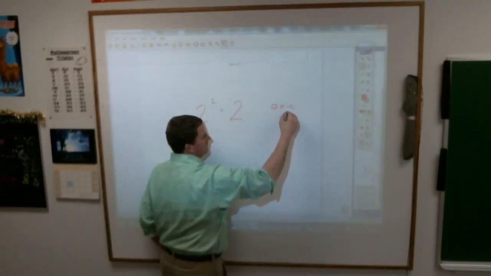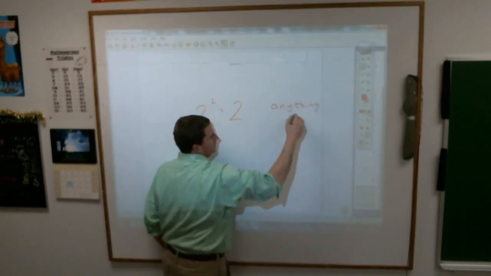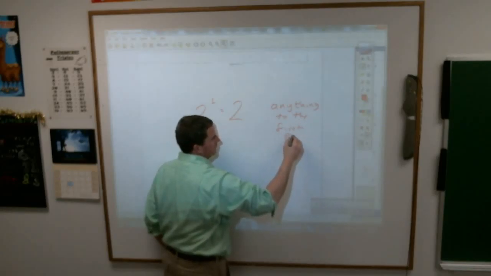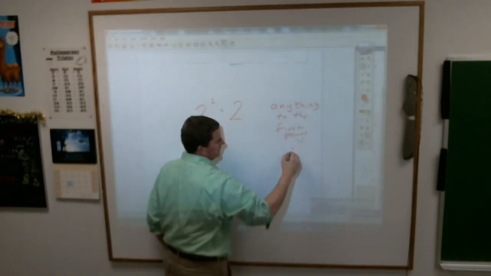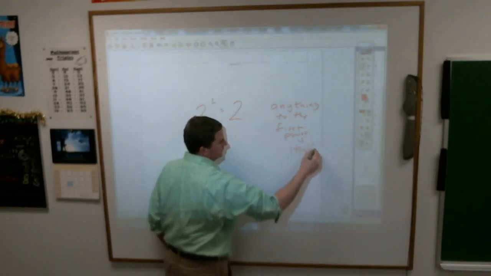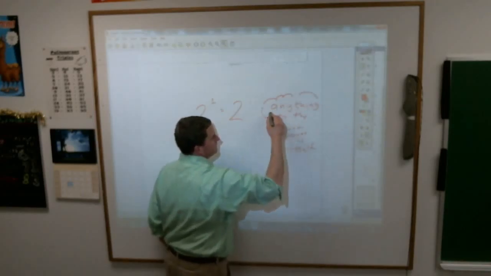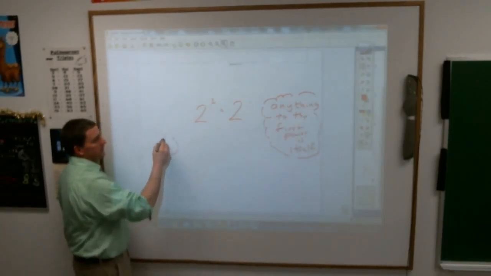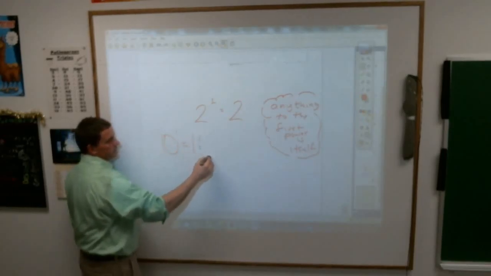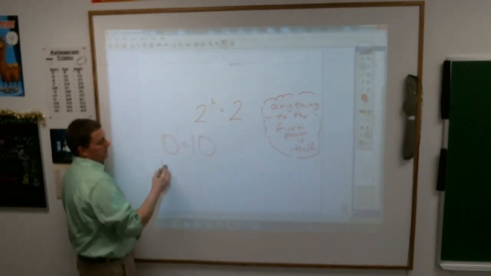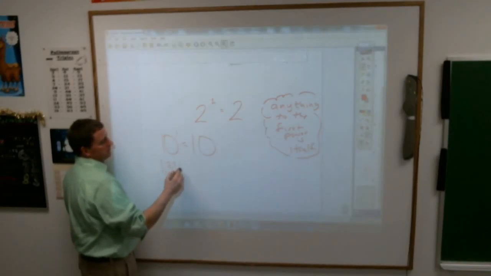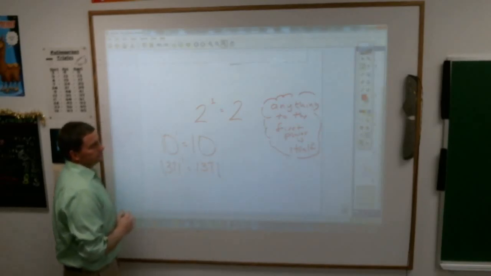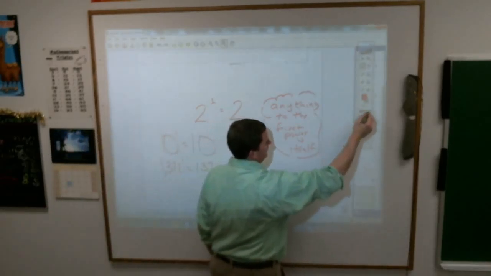Anything to the first power is itself. Alright, so 10 to the first power is 10. 1,371 to the first power is 1,371.